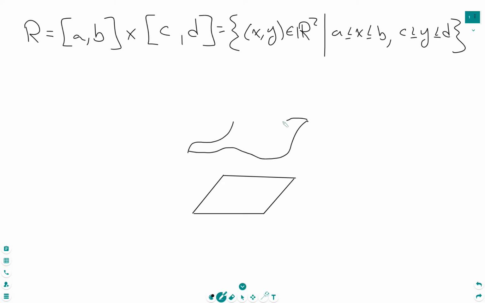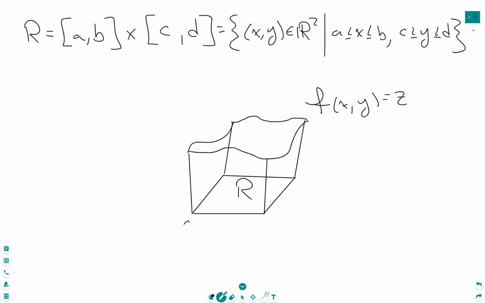Kind of looks something like this. And maybe right above this R is this surface that we've drawn here. This is f of x and y equal to z. And we're going from A to B, and we're also going from C to D.